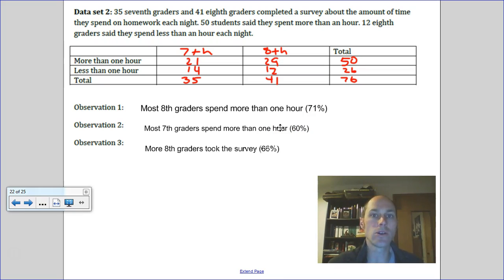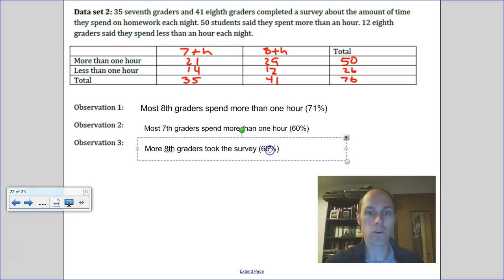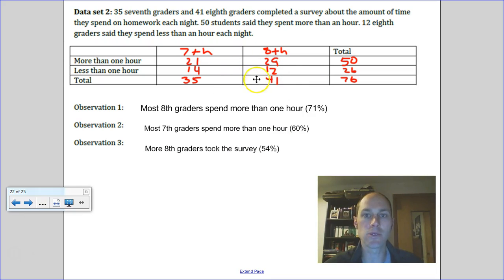And as we look at the totals, there were more 8th graders that took the survey, and I think my numbers are off on that percentage. Let me check again. Yep, that should only be 54%. So it's split pretty even between the 2 groups, but we can see which group had a higher percentage doing more than 1 hour.